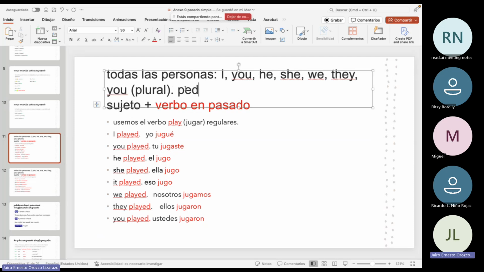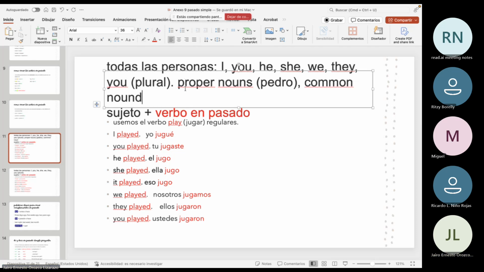Proper nouns like Pedro, New York, Bogota, right? City names or people's names, and then common nouns, so the name of things or the name of animals. For example, the dog, table, etc. So for every subject, we have the same verb.